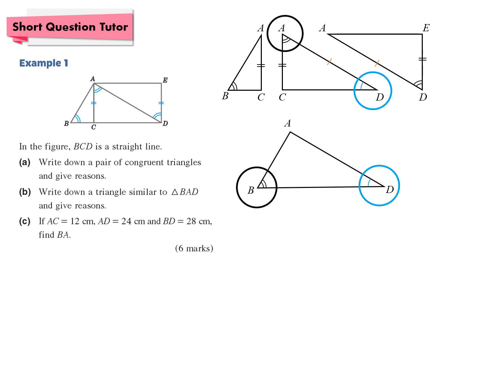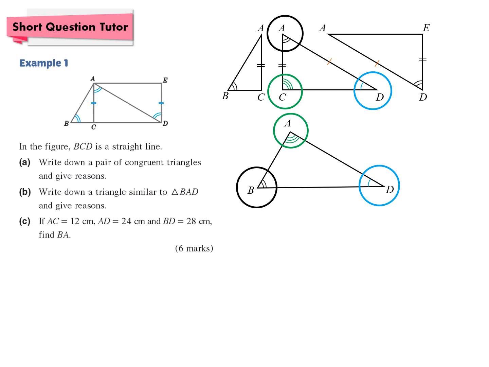Recall that, if there are 2 pairs of angles equal in 2 triangles, by angle sum of triangle, their third angles are also equal. So we can add an angle with 3 arcs on both triangles. So, these two triangles are a pair of similar triangles.